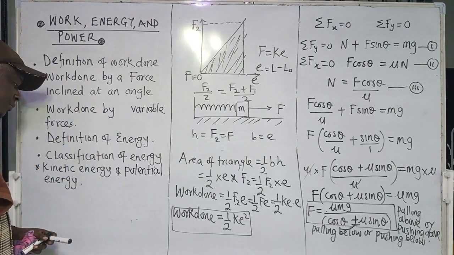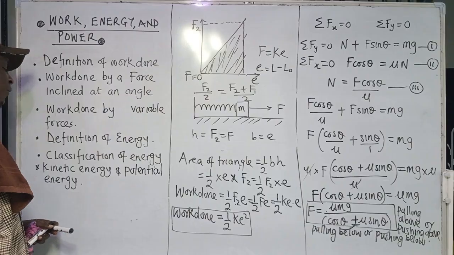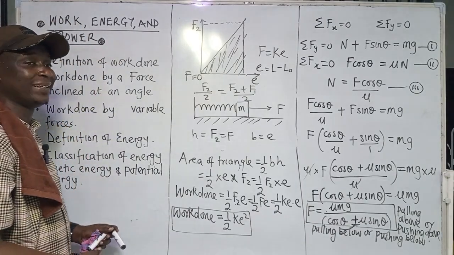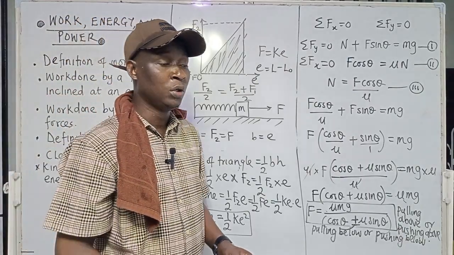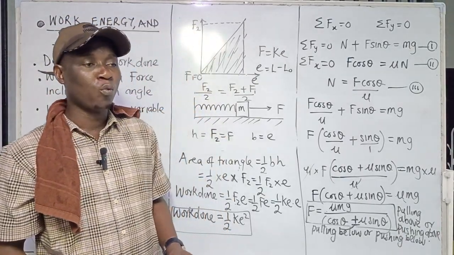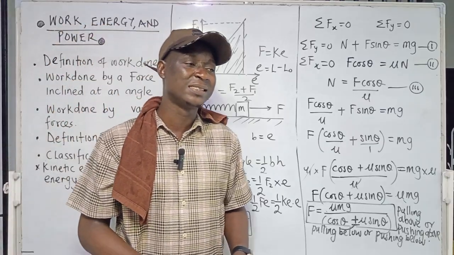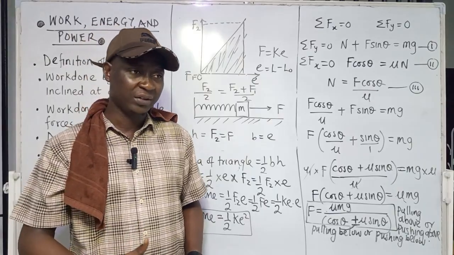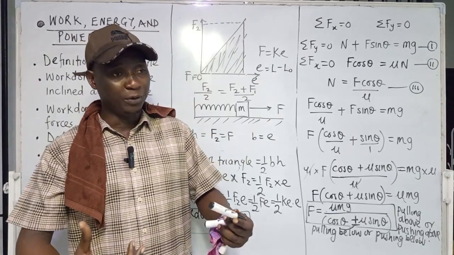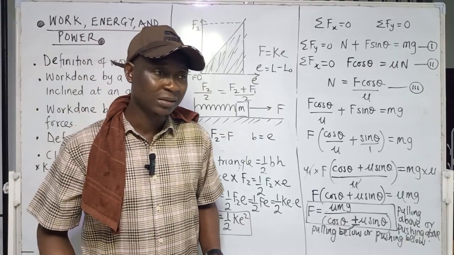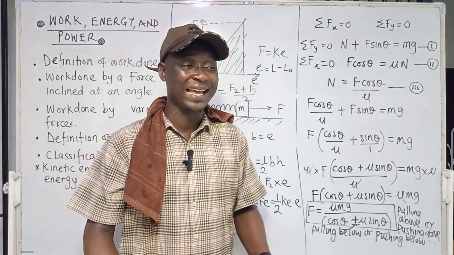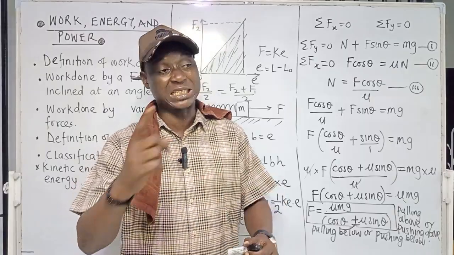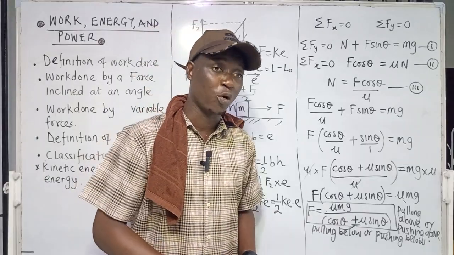Now let's go to energy. Definition of energy: what is energy? Energy is the capacity to do work. So force is required for work to be done, and work done brings about energy, because the work transferred leads to what we call energy.